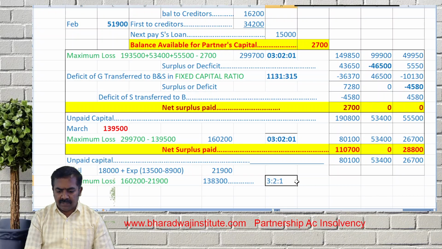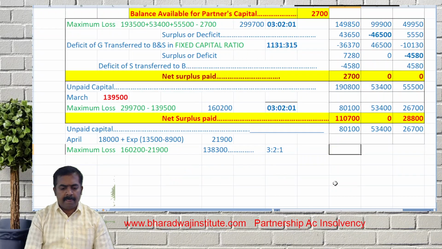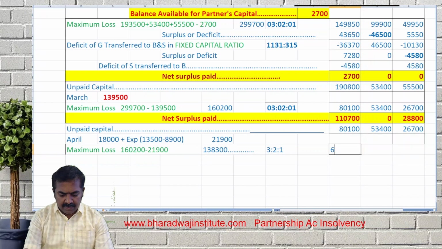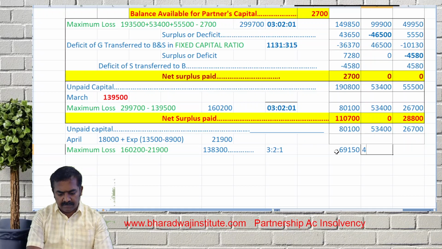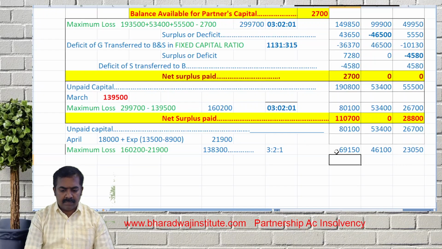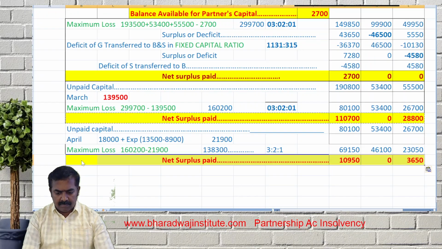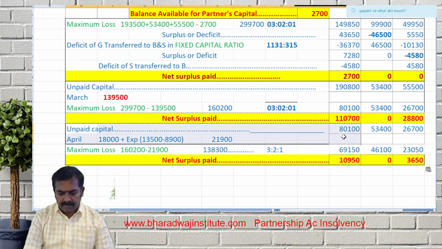Share in 3:2:1 ratio. 69,150. Net surplus paid.